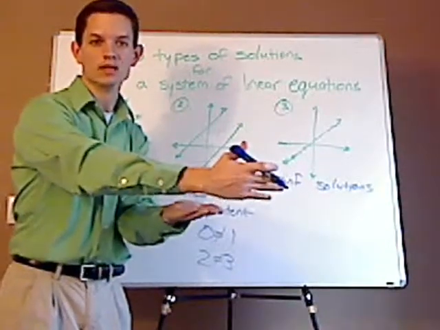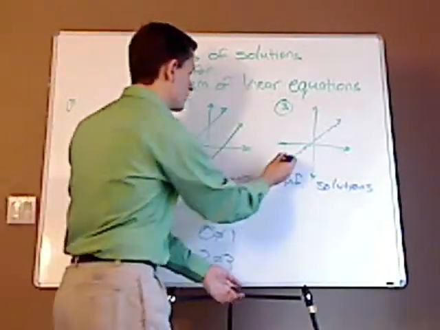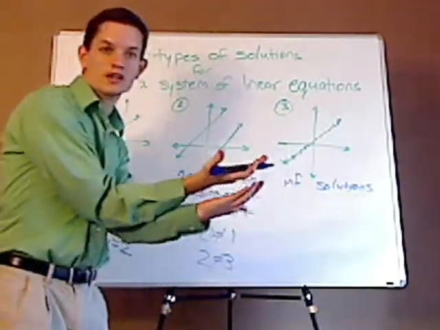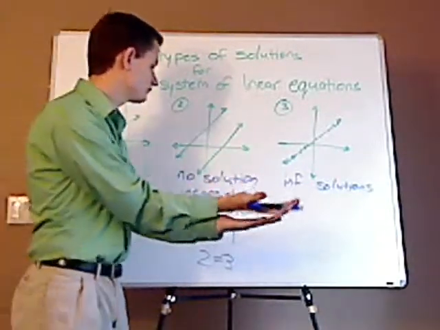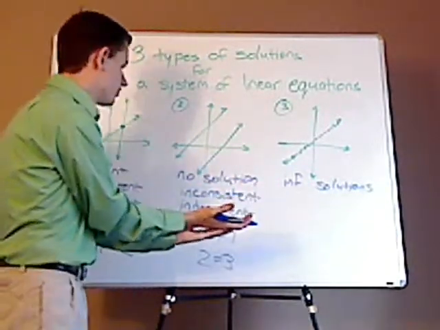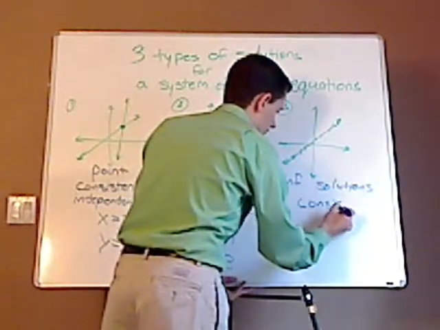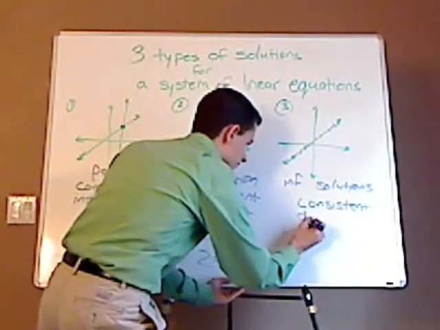And they always meet, right? As long as they're on the same line, and you have all those points. Those are your solutions. So your solution is simply the line itself. And that's what's going to be called consistent. And that's going to be dependent.